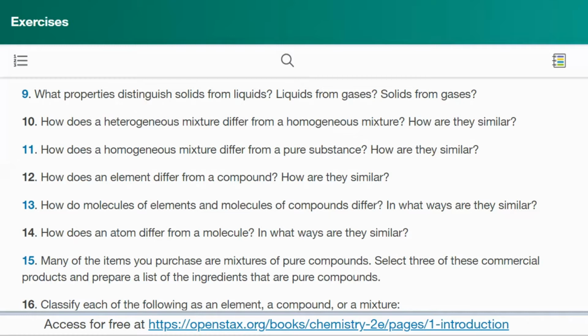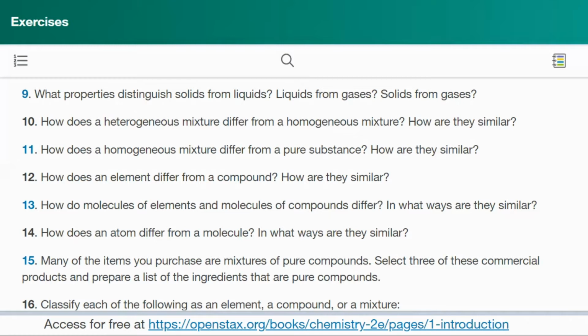Question 13. How do molecules of elements and molecules of compounds differ? In what ways are they similar? All right, the definition of molecule in this text is that it has to be two or more atoms.